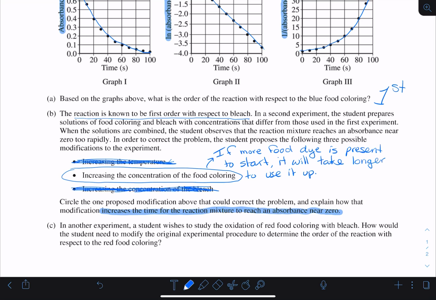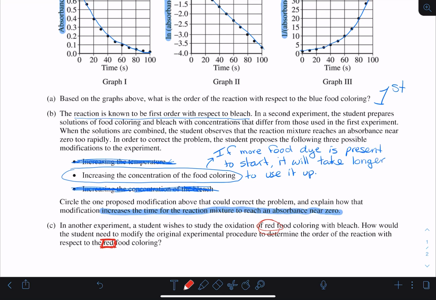So then in part C, we're told in another experiment, a student wishes to study the oxidation of red food coloring. Let's change colors, because why not? Red food coloring with bleach. How would the student need to modify the original experiment procedure to determine the order of reaction with respect to the food coloring? So the only difference here is the color, that we're dealing with a red dye instead of a blue dye.